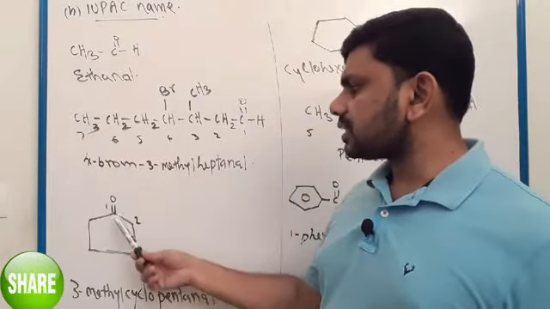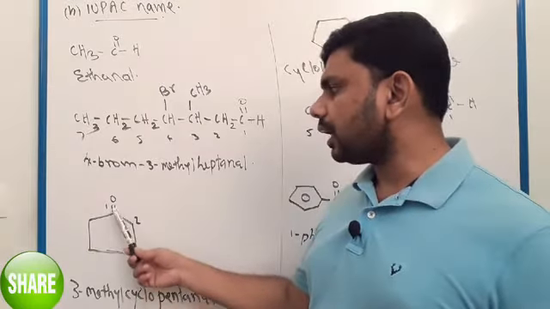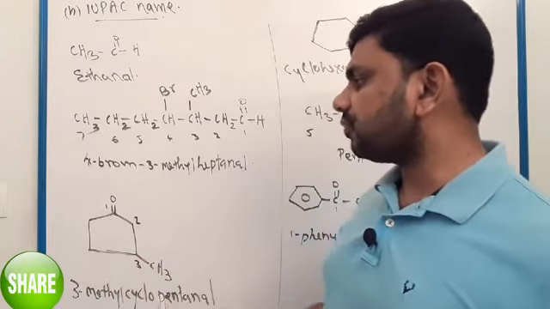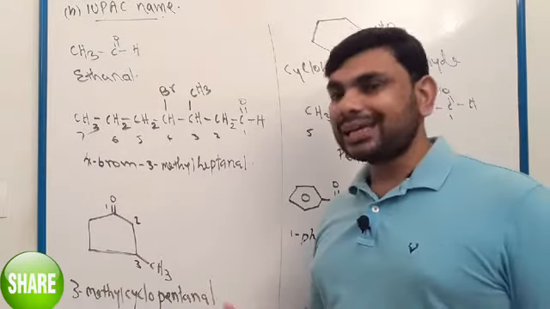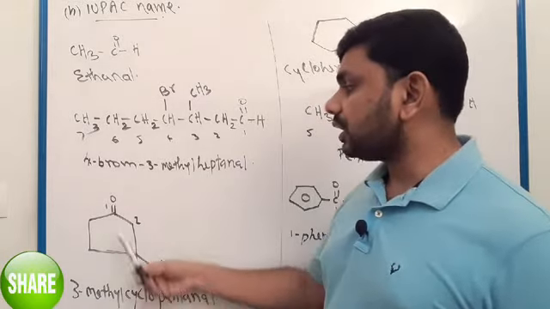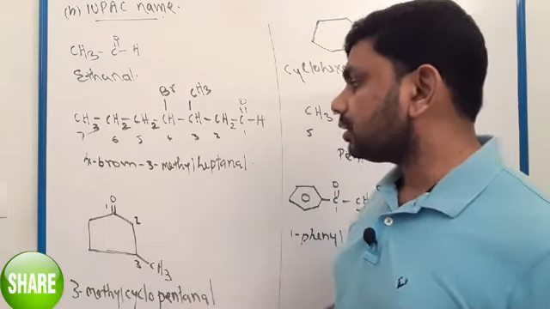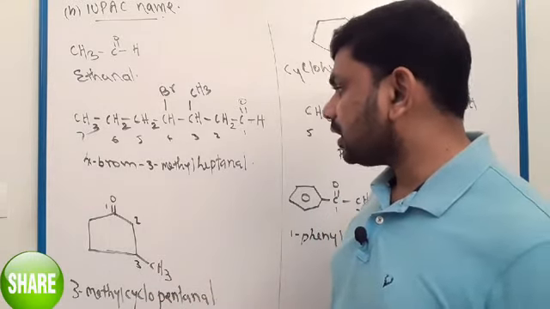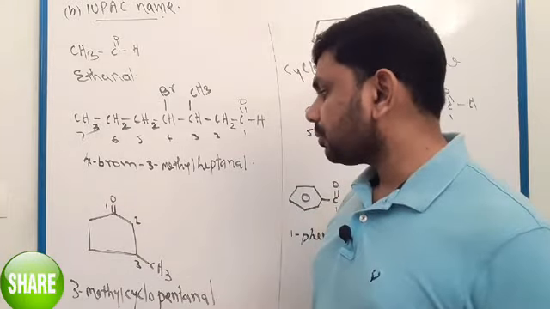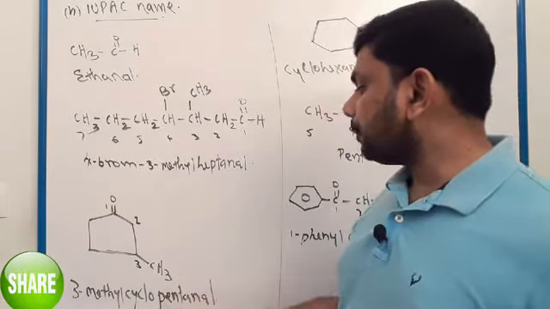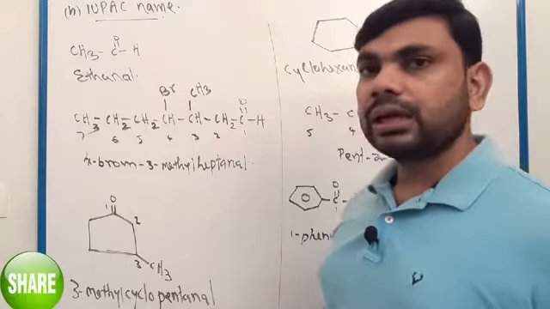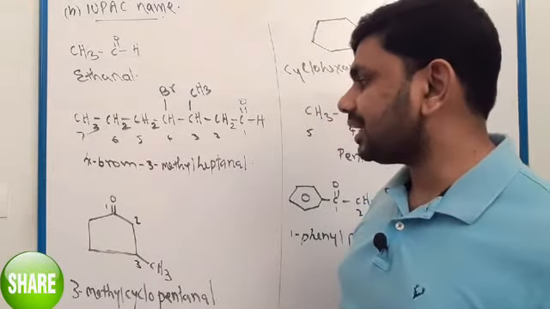And here this is a cyclic compound with 1 2 3 4 5 carbons, so it is cyclopentane. But here there is a carbon double bond oxygen, an aldehyde. So it is 3-methylcyclopentanal.